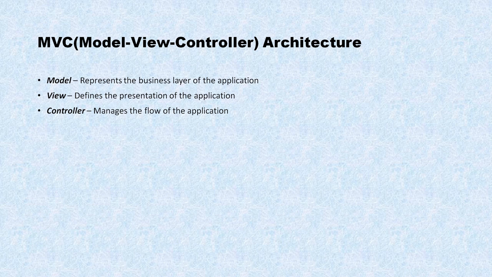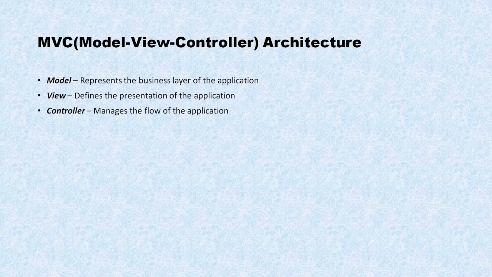The view can be written in different components, like Angular as well. The controller, of course, is mostly a Java component, responsible for managing all the requests coming from the end users.